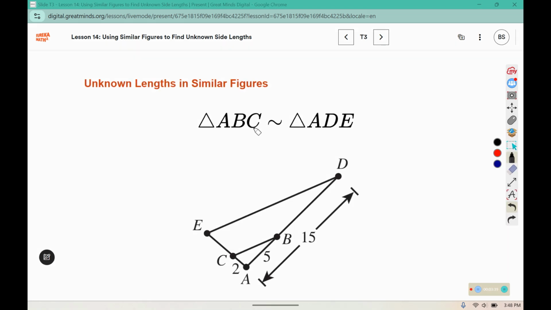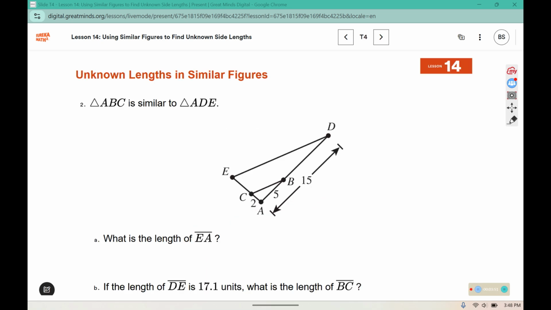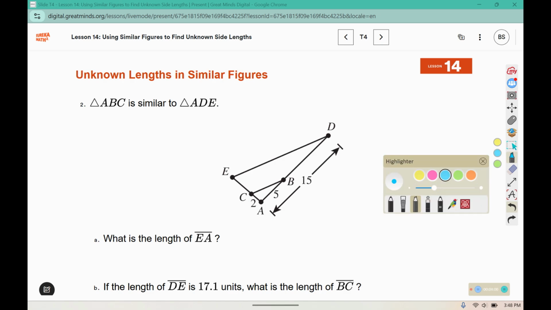The nice thing about this problem is it tells us they are similar. So we don't even have to worry about showing AA criterion works here. We already know these two triangles are similar. It asks for the length of EA. So we have to use the side lengths that match up from both triangles.